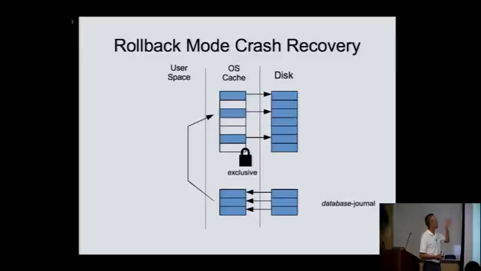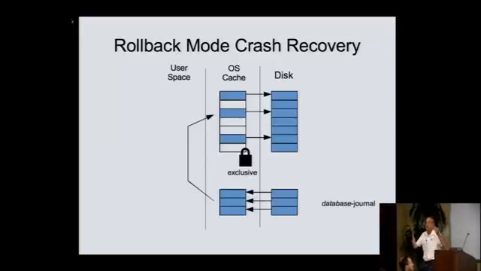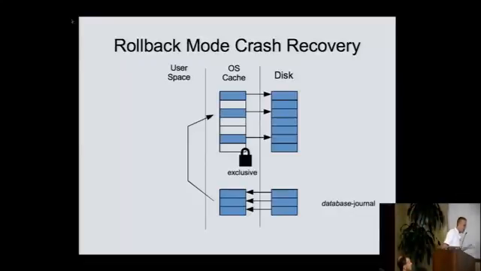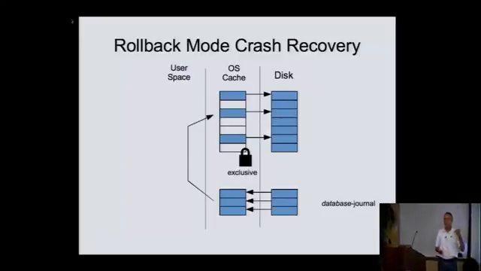So it immediately goes to an exclusive lock and rolls the whole thing back, restoring the database to its original condition. So this will always happen until you delete the rollback journal. So the delete is when the transaction commits. That's rollback mode. That's the default. That's the most reliable. But it's kind of slow.